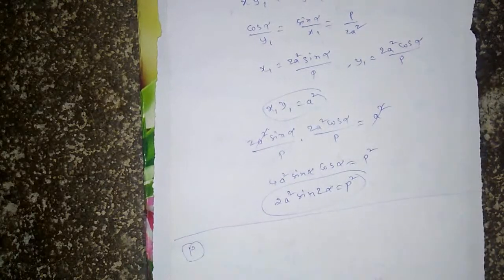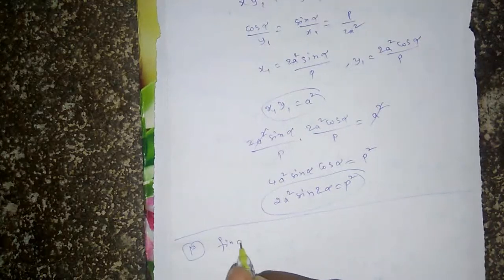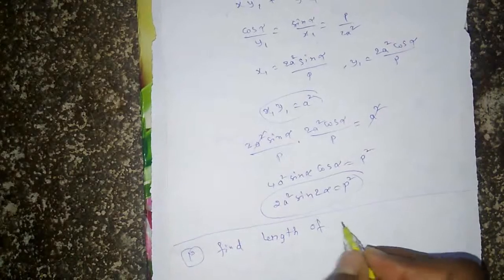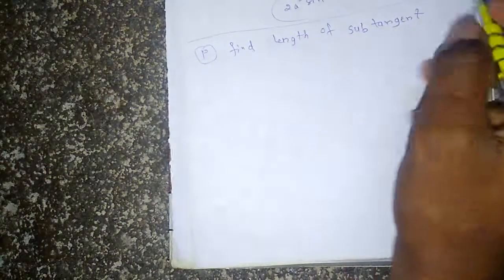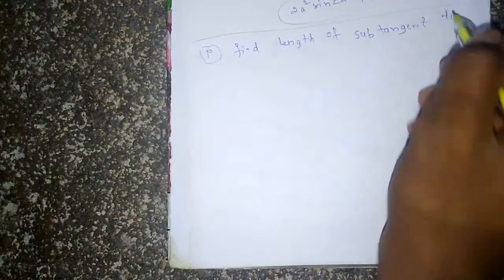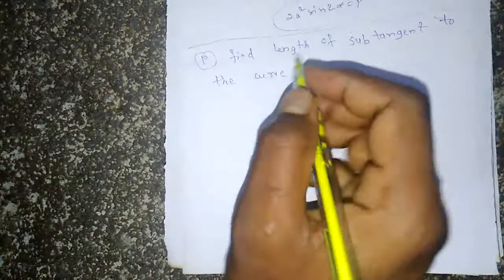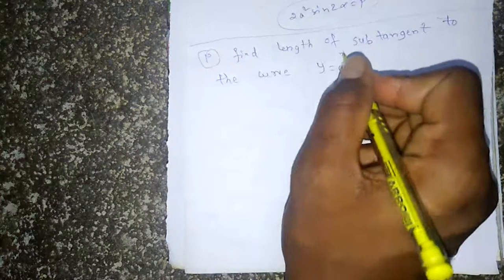The next problem is find the length of subtangent to the curve y is equal to e power x by a.